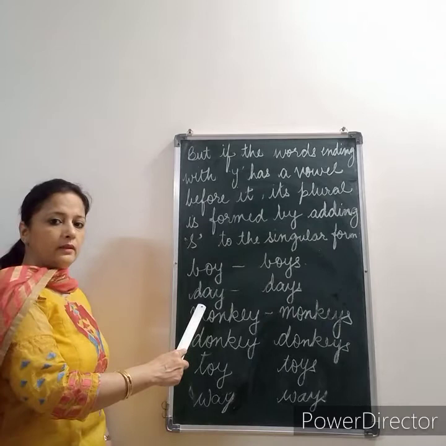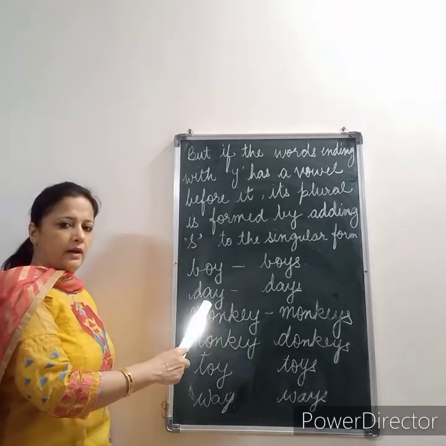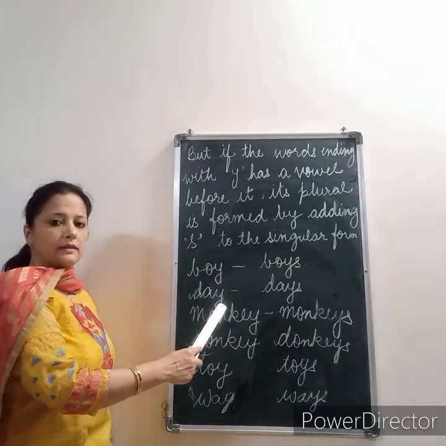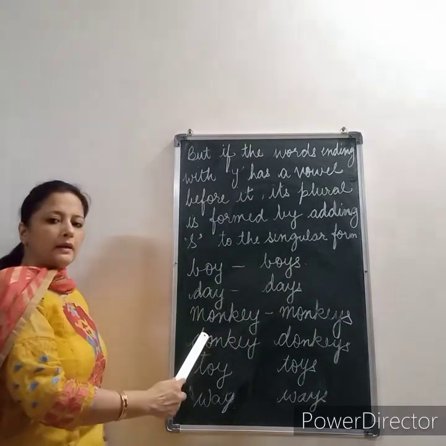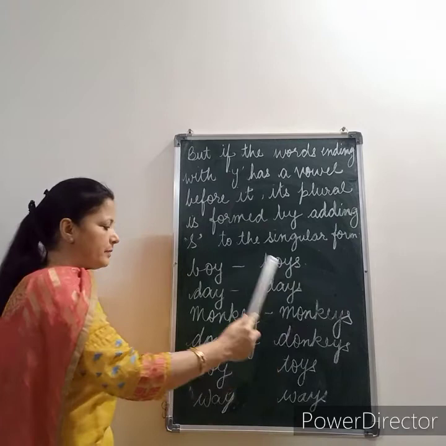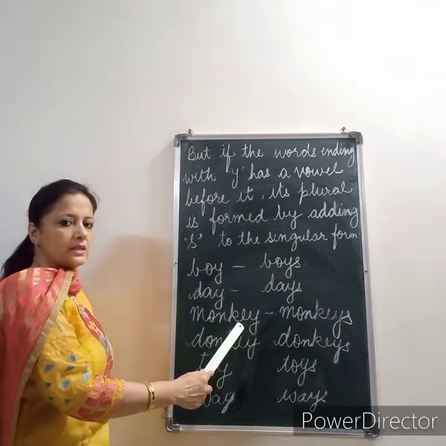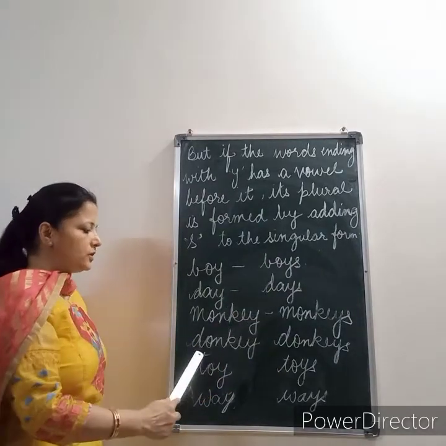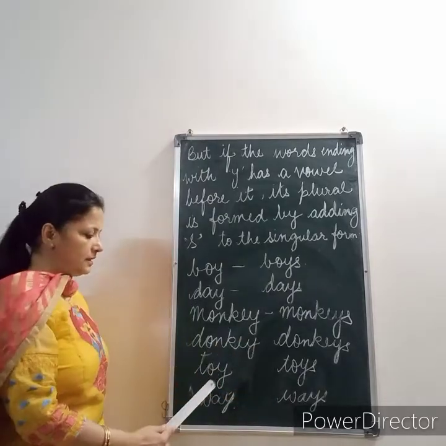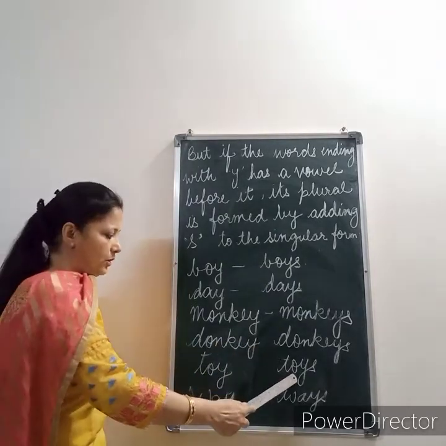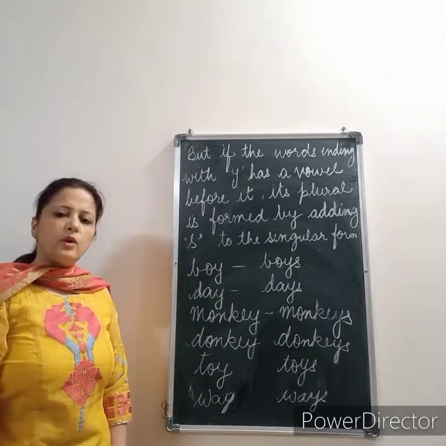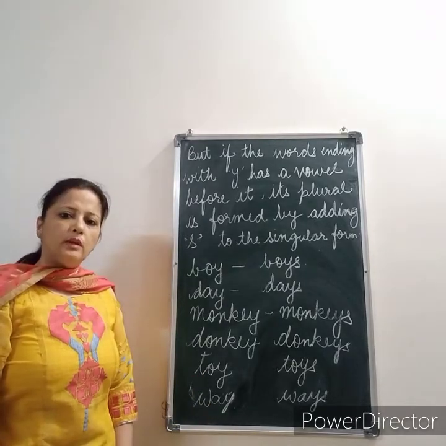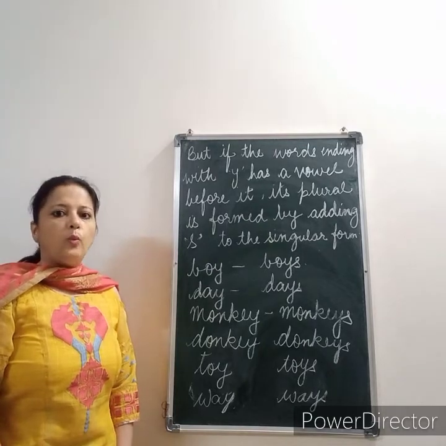The same is with day. a is the vowel just before the letter y. So the word becomes days. Monkey becomes monkeys because e is a vowel just before the letter y. Donkey becomes donkeys. Toy becomes toys. Way becomes ways. So students, you have to keep both rules in mind while changing the y words into their plural forms.